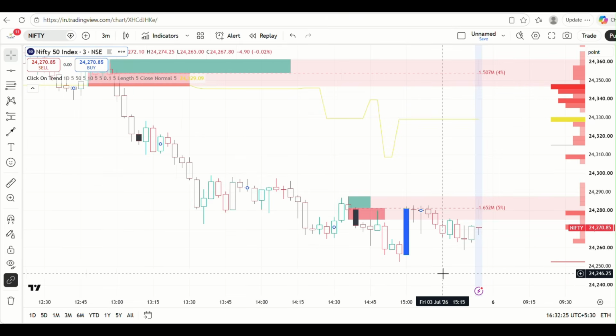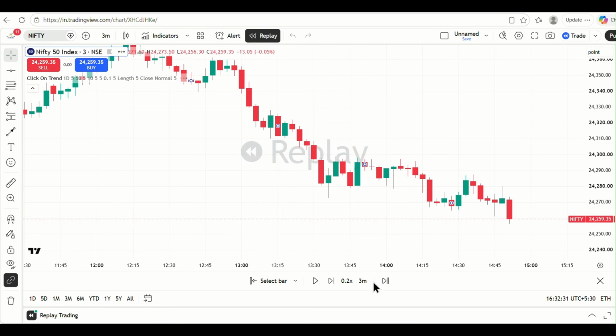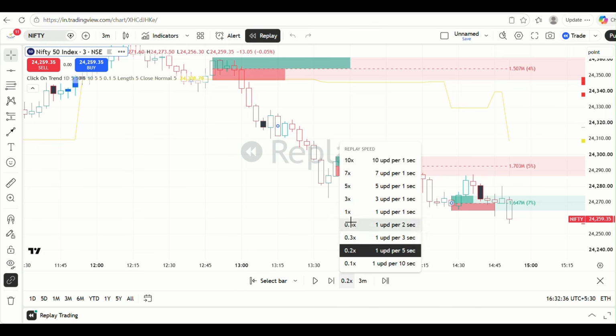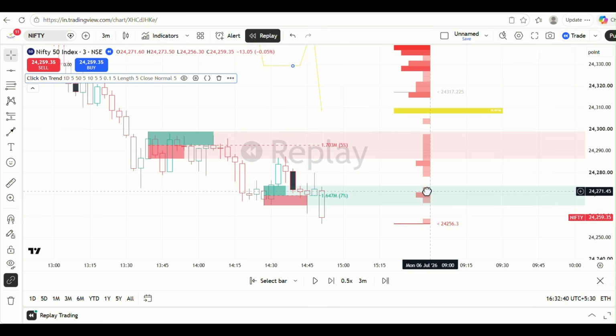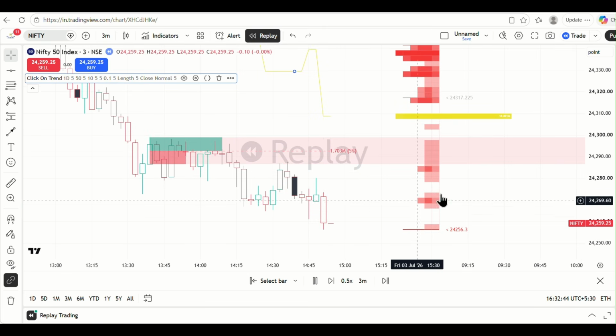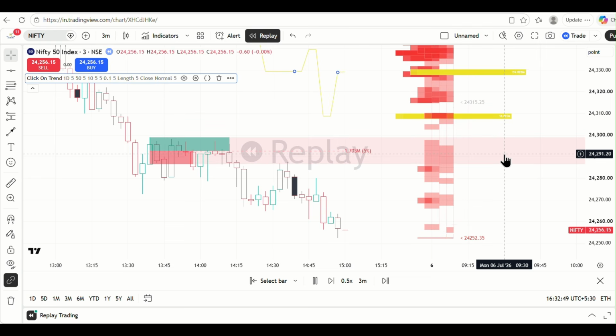I can show you. Let's replay. We can bring it here, maybe. Okay, time zone, let's make it a little bit 0.5, and you just observe this area. Let me play it for you. Just observe this area. You will find that the candle is built in front of you only.